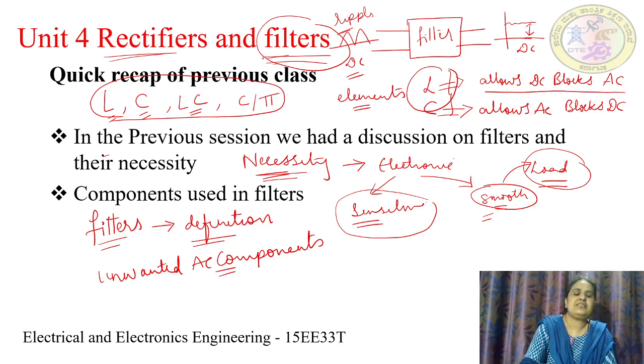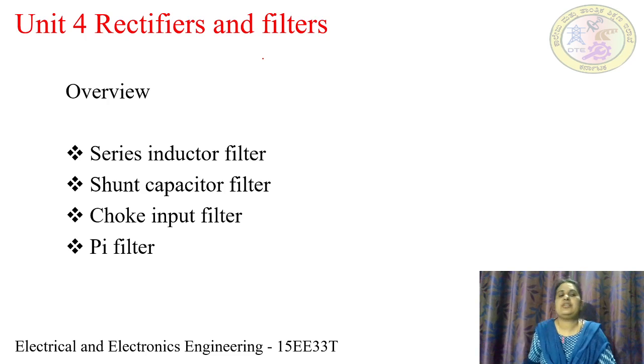So dear students, let's quickly go to today's class. Today we are discussing the types of filters: the series inductor filter, shunt capacitor filter, choke input filter, and pi filter.